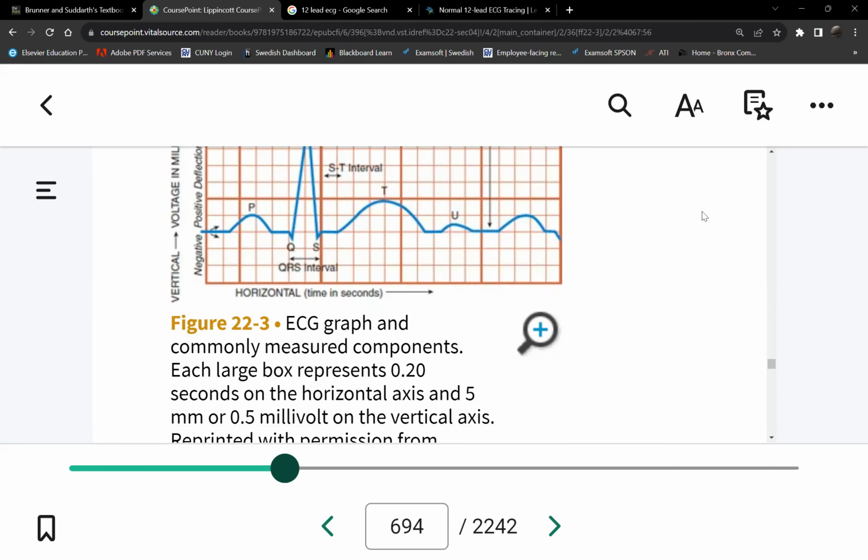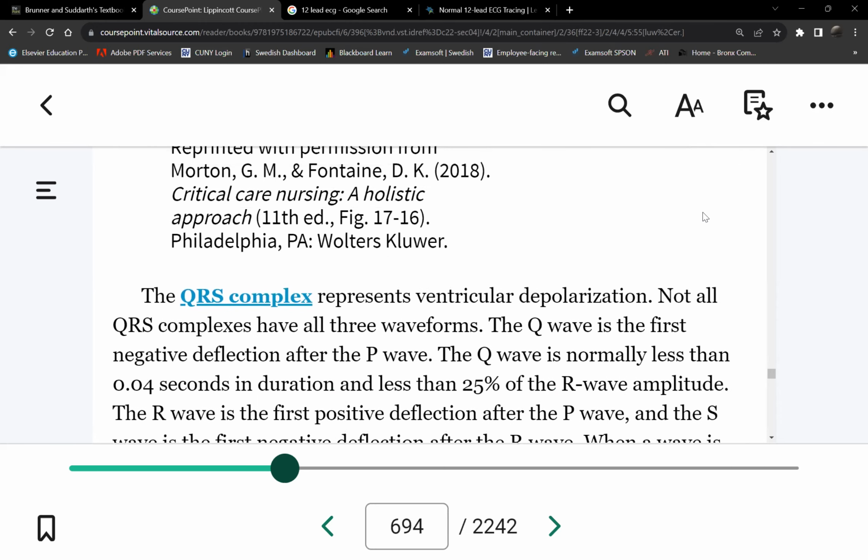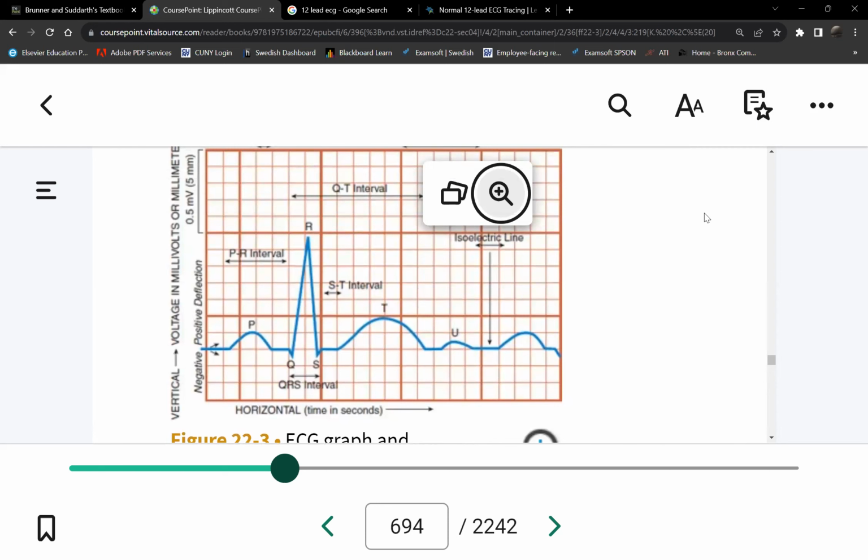Okay, so now let's go to what each wave and complex means. Now, I won't follow the order here because I want to go with the PQRST. It's easier to discuss it based on the sequence. So P, Q, R, S, and then T wave. For today, we will disregard the U wave because we rarely see a U wave.